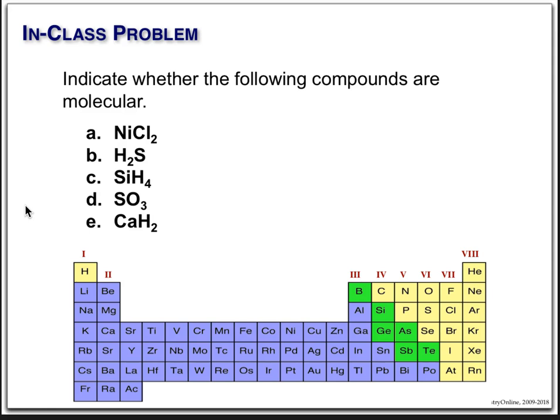Nickel chloride. Where's nickel? Right there. It's a transition metal. It's ionic.